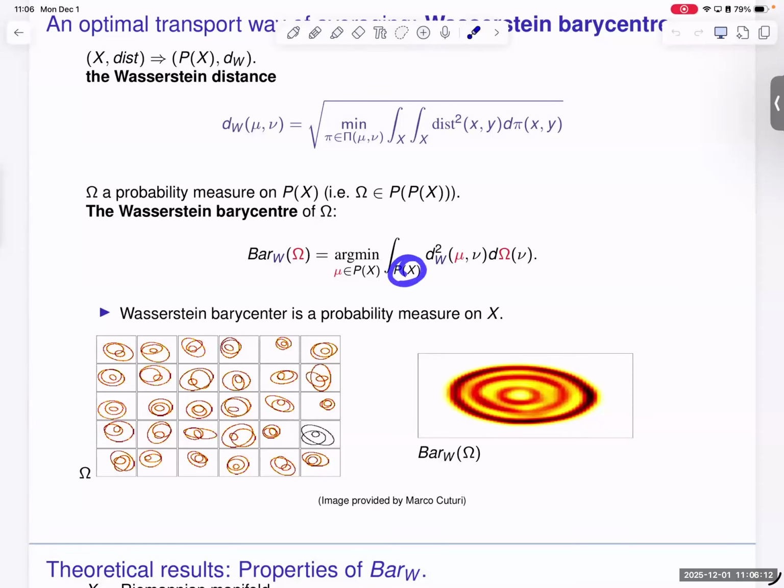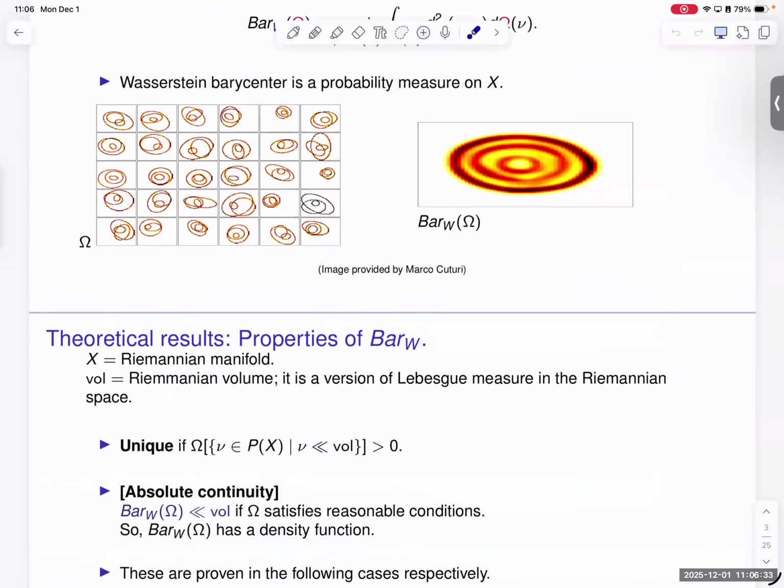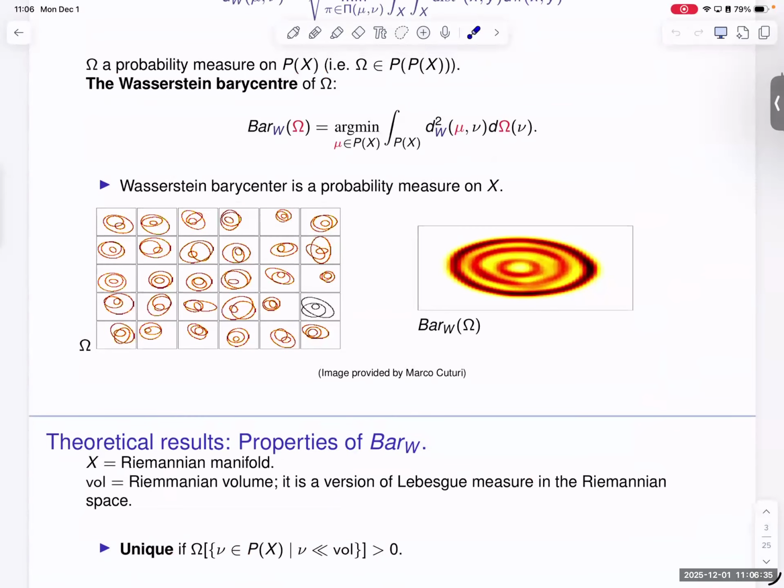For example, if the underlying space X is compact, then P(X), the space of probability measures with respect to this Wasserstein distance, is compact. And then this function, this integral of distance squared, is a continuous function on that compact space. So it should have a minimizer. So existence is yes.